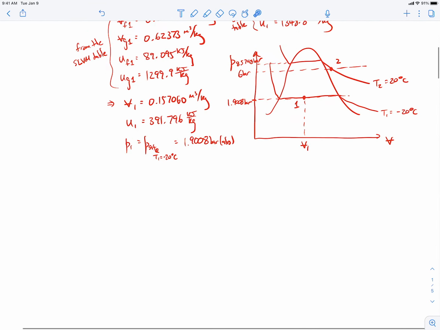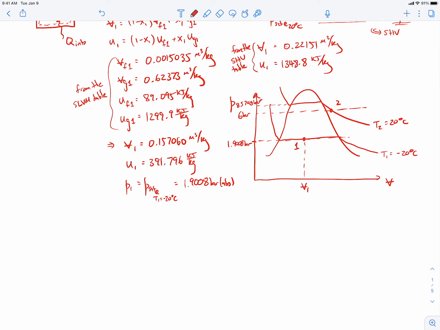So that would be this isotherm if you wanted to sketch that one in. So that would be about 9 degrees Celsius. I can't remember the full decimal, but that would be the saturation isotherm corresponding to 6 bar. But we're really at 20 degrees C, so we're out here in the superheated vapor region.